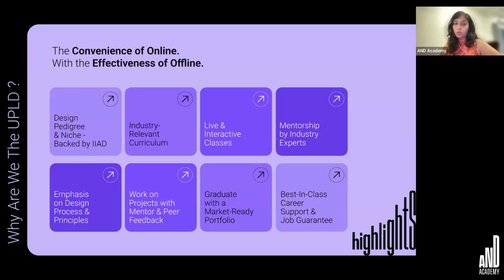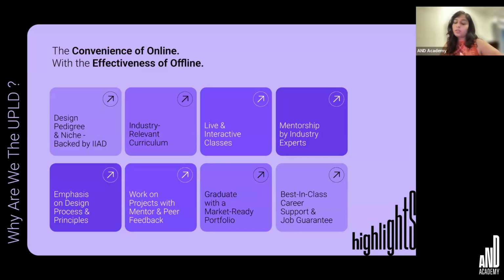These projects that you do throughout your curriculum also culminate into a market ready portfolio. So as soon as you graduate, you can hit the ground running, you can apply for different roles, you can even start your own thing. As you please, you can use your portfolio in your own manner.